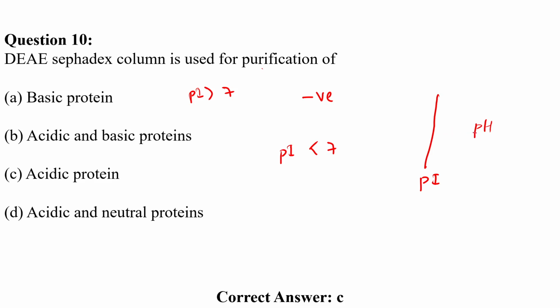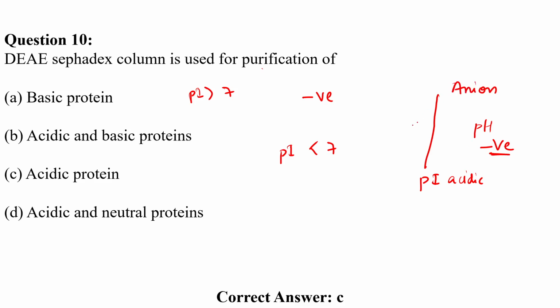So let us say somewhere around 6 to 8 pH, it is going to cross that pI wall, because this pI is acidic. Once the pH has crossed this pI wall, that means the charge is negative, and if the charge is negative, we will use anion exchange.